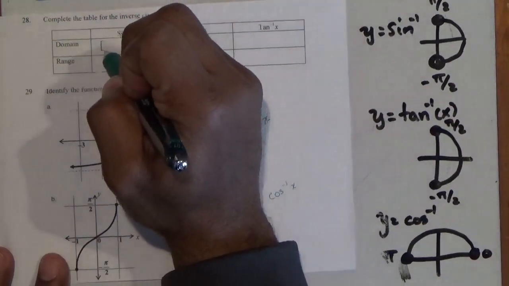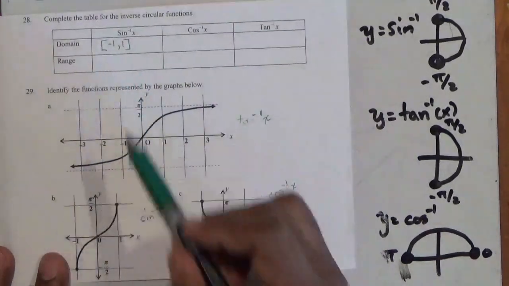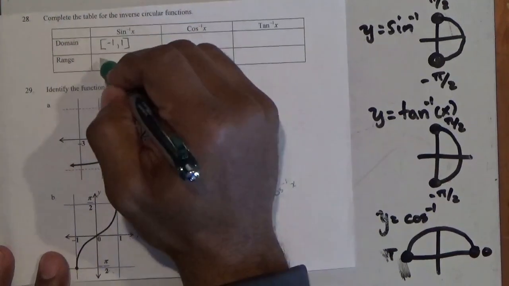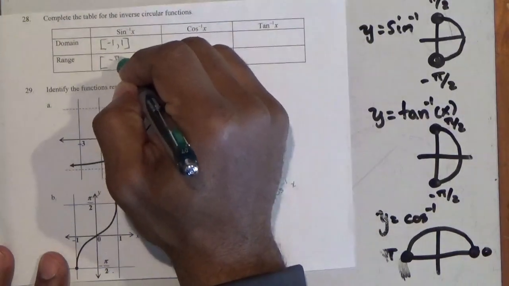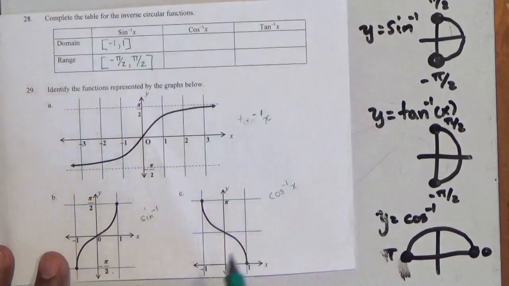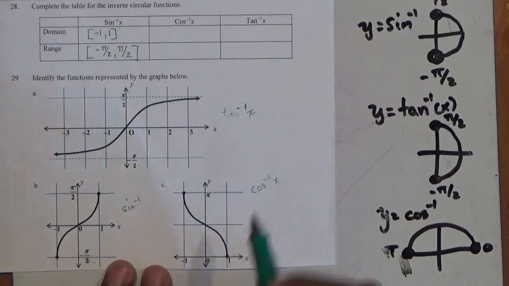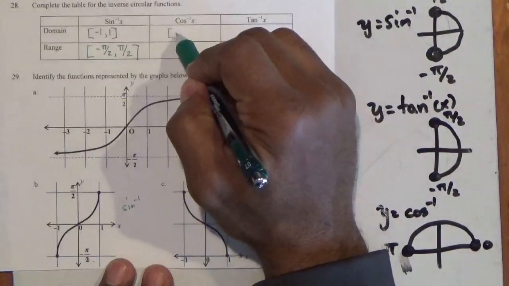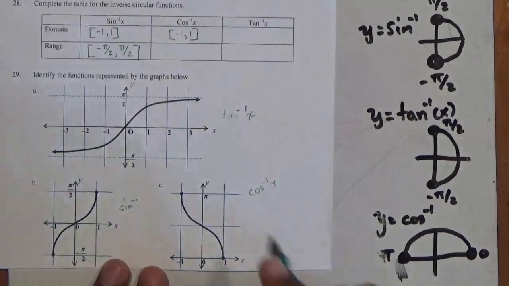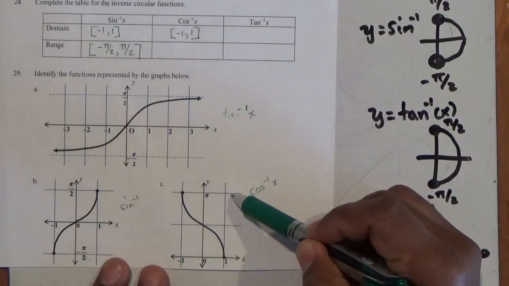Your range is negative pi over 2 to pi over 2. Cosine: domain is -1 to 1, including, and your range is from 0 up to pi.